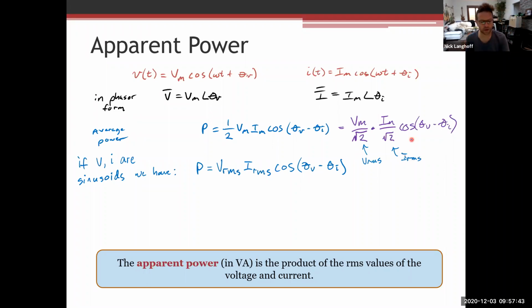So we can write the average power, the real power, as the product of the RMS voltage and current times the cosine of the difference between them.